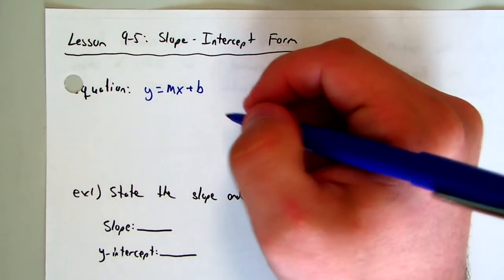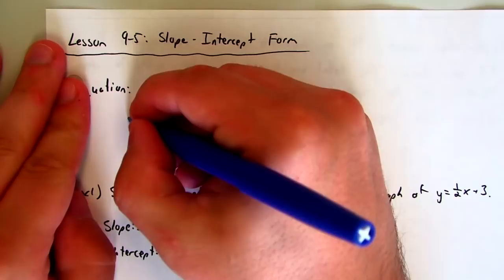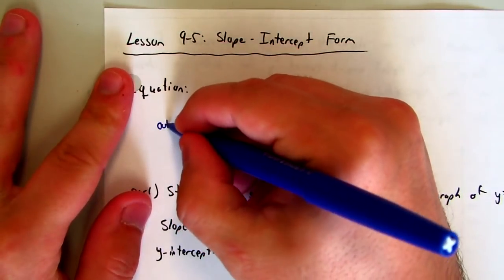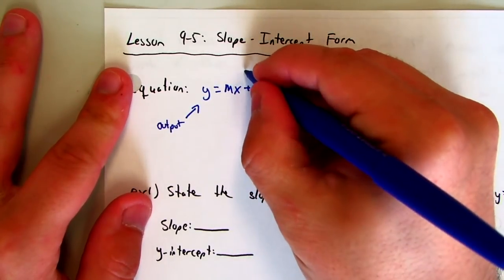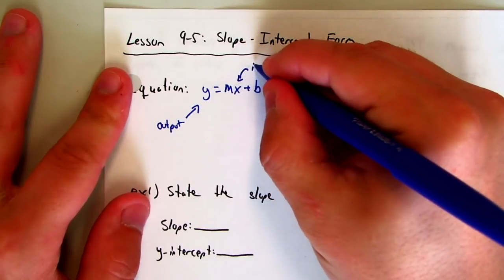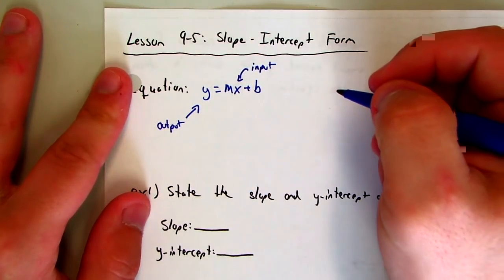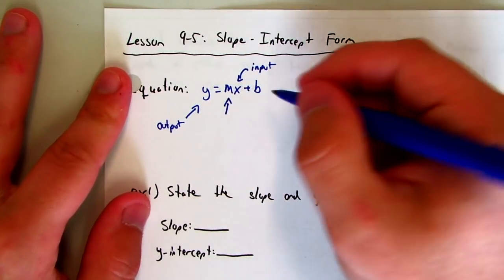Now, each one of these variables or letters represents something. So, for example, the y is the output. The x represents the input. This m right here is the slope.